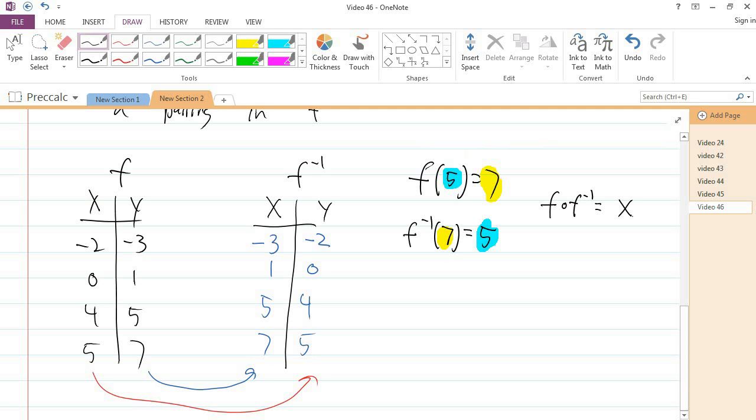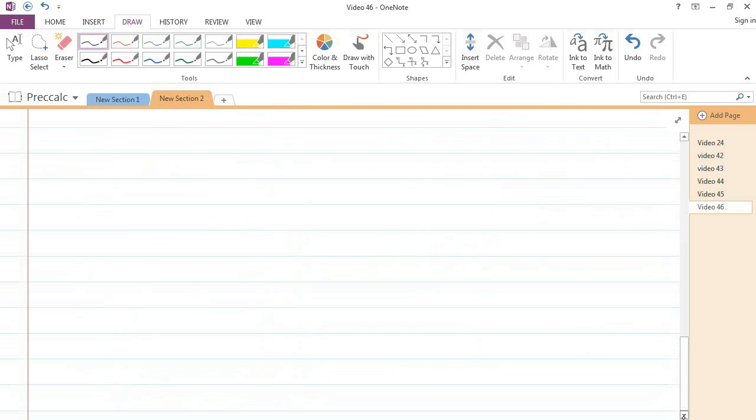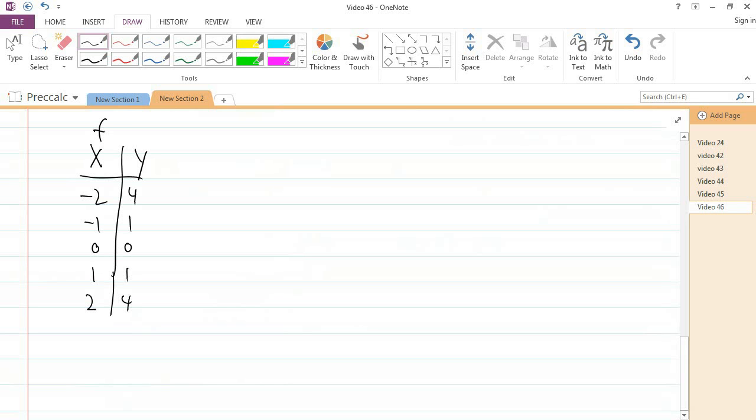Now, let's talk for a second about this requirement of one-to-oneness, that for there to be an inverse, the function has to be one-to-one. And let's look at a classic example of a function that is not one-to-one. Let's look at x squared. Okay, these are the anchor points for x squared. Now we can see that this is not one-to-one.